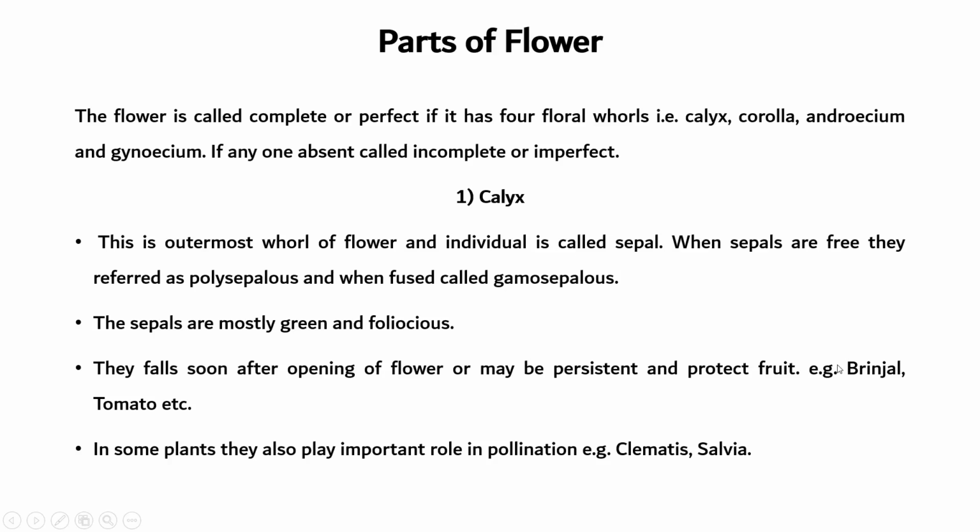That sepals or calyx is called persistent calyx. In some plants, they also play an important role in pollination. When they are non-green, when they are colored, they carry out the function of pollination, to attract insects for pollination. For example, clematis, salvia, etc.